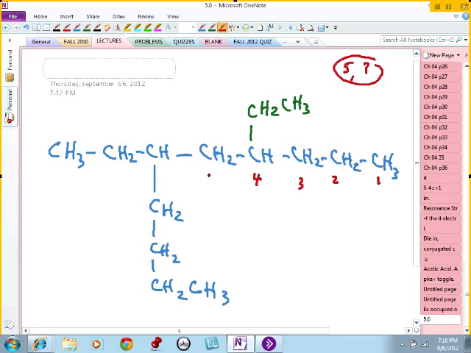You follow that? 5, 6, 7, 8, 9, sorry, 10. Okay, so the branches or substituents will be in what position? 4 and 6.